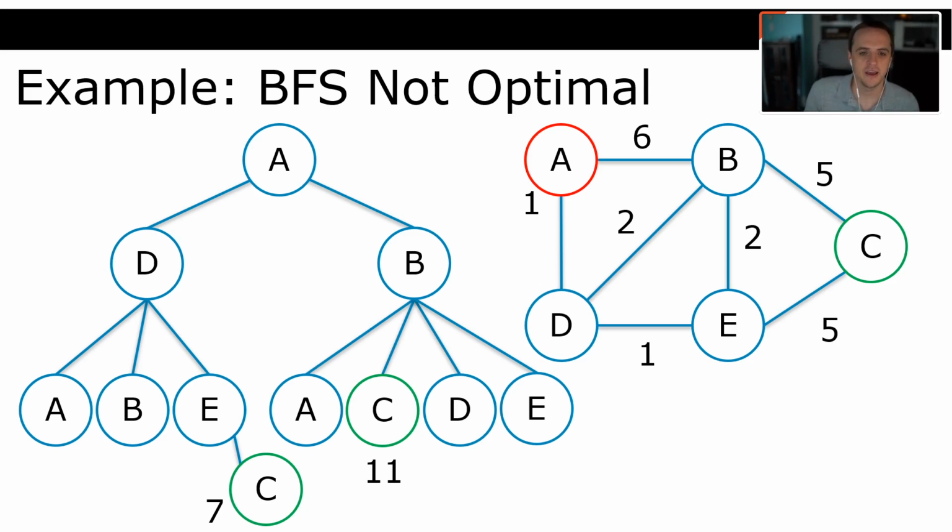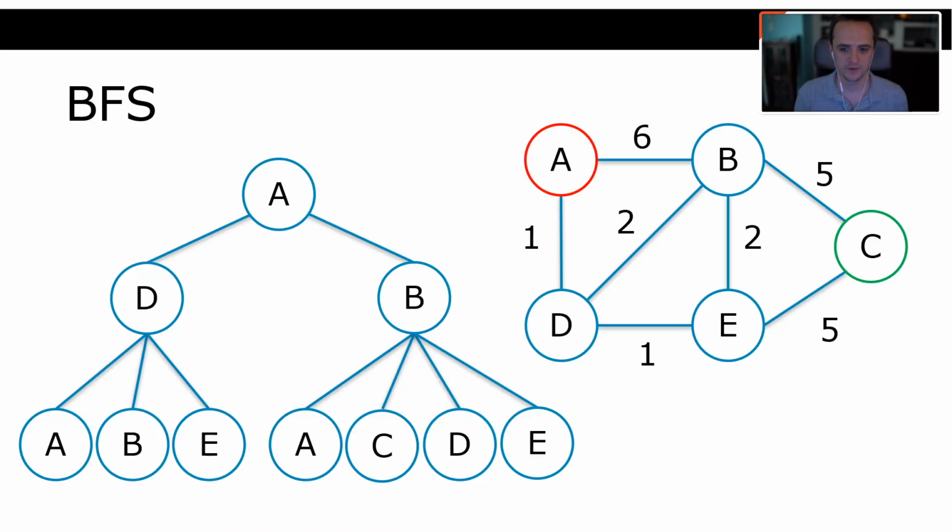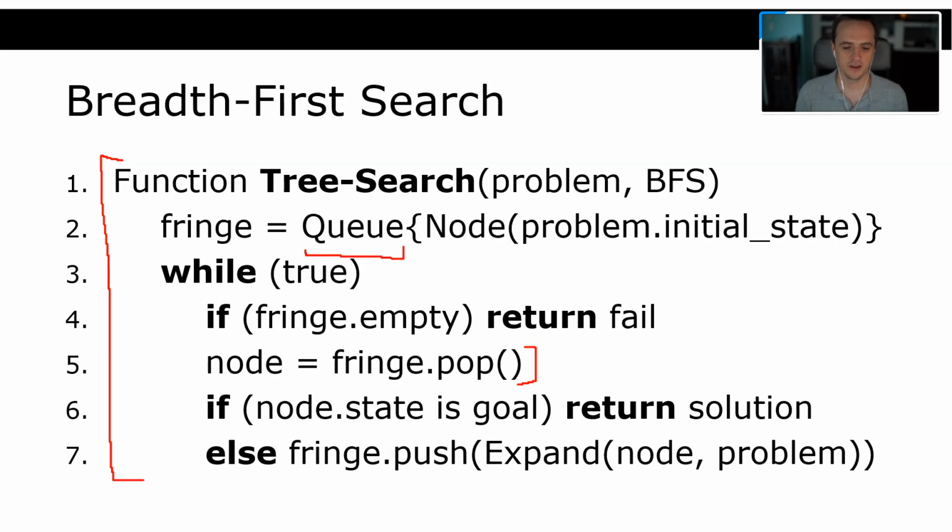So, here's the example. I've expanded all of this node with BFS. Then I expand all of D, then I expand all of B. And as I'm expanding, I find my goal. Boom, solution found. What BFS will do, if we go back to the algorithm, is say, okay, I have some nodes in the fringe.